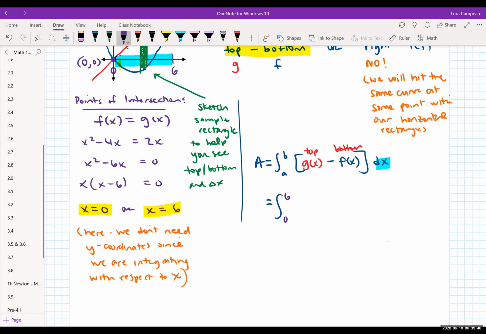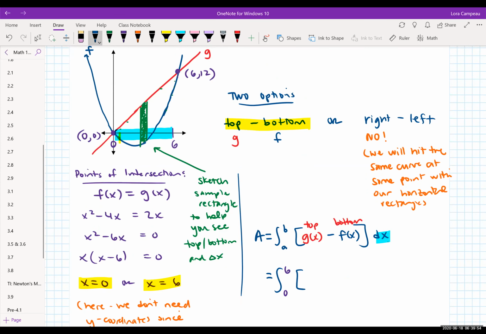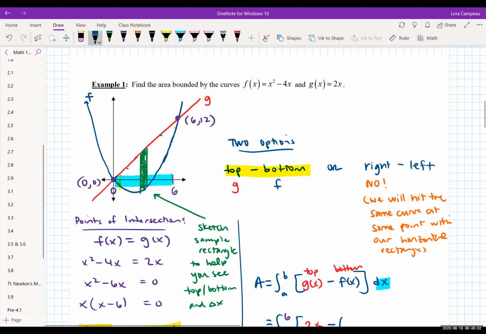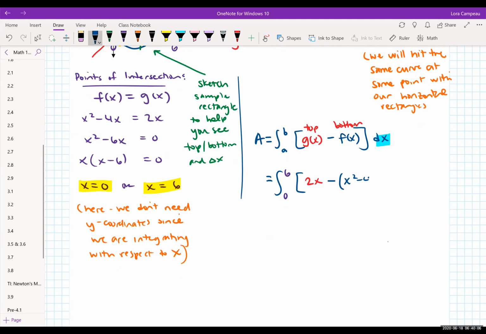Now, all you have to do at this point, if everything's already in terms of x, just replace g of x with its formula. So in our case, g of x was 2x. We had a minus sign from the formula. And f of x was more than one term, which is x squared minus 4x. So don't forget to include it in parentheses because distributing will matter.